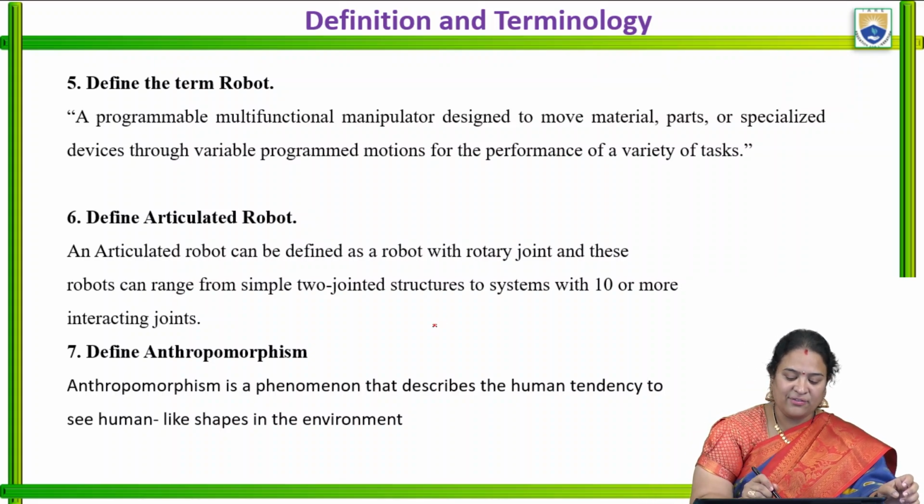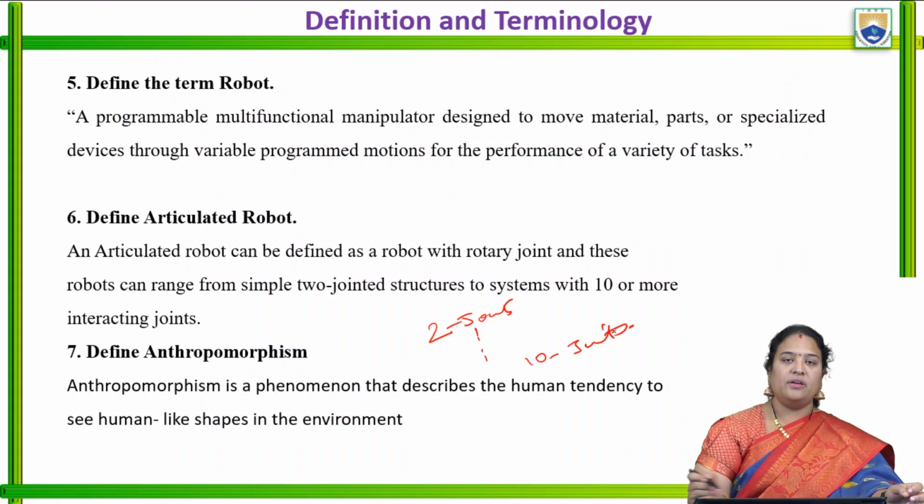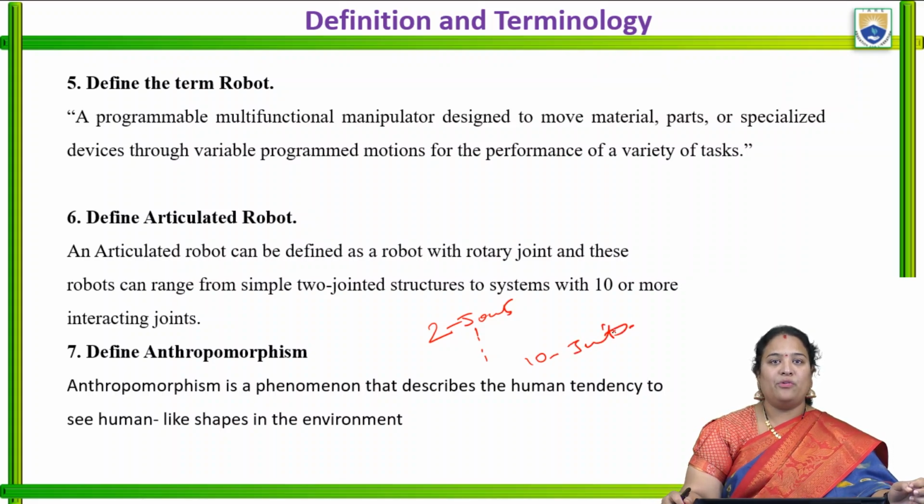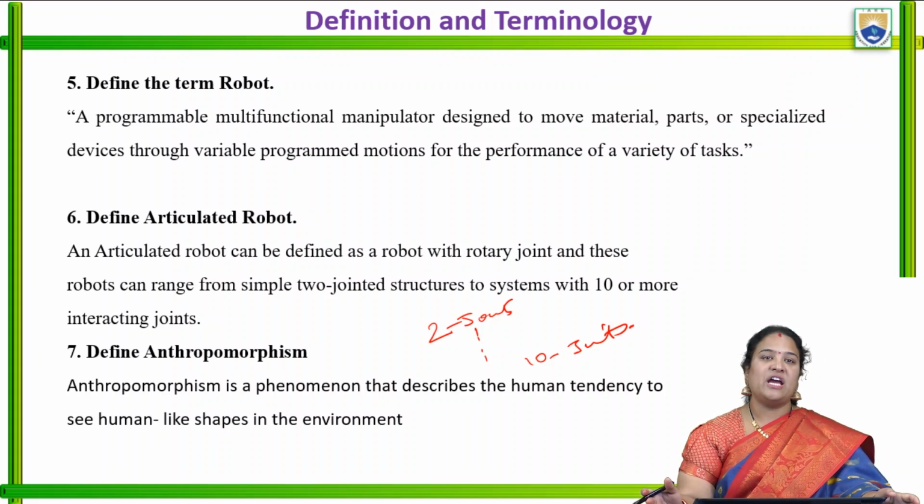That is, it can start from 2 joints and it can go up to more than 10 joints. Those types of robots which have more than 10 interacting joints are called articulated robots, right?